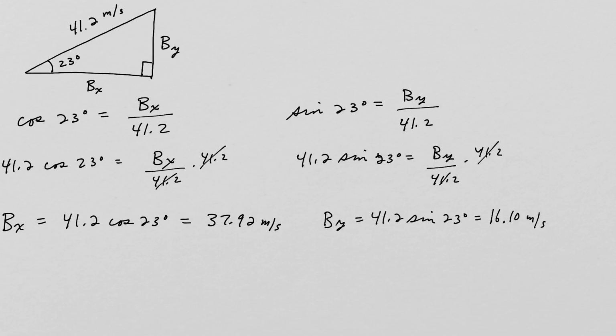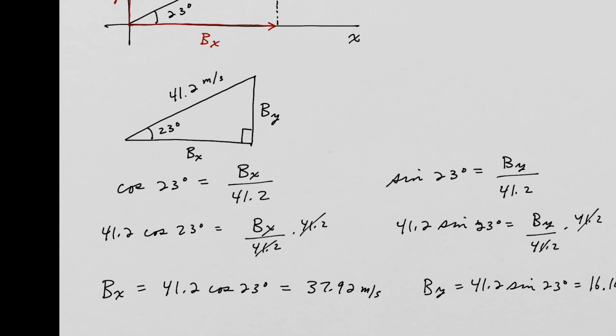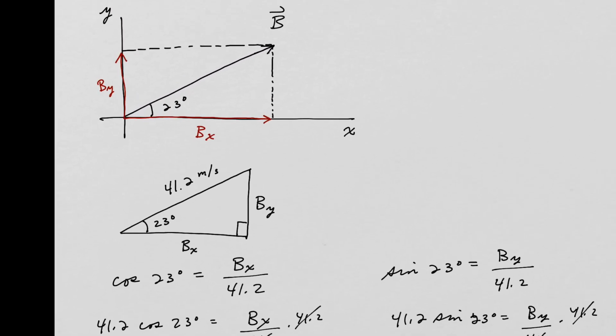And then the only other thing we have to check, we have to be careful here. In the first quadrant, it's not much of a big problem, but we'll see later. I'll do another example in a few minutes where if it's in a different quadrant, you have to be careful about the sign of the particular components. So in this case, see how bx is directed towards the right?